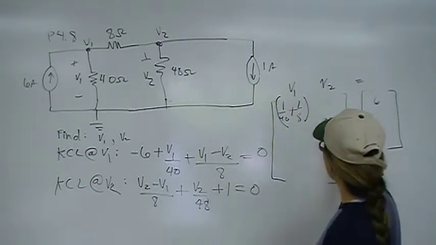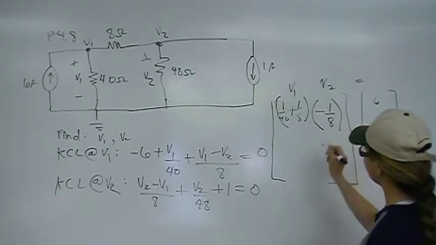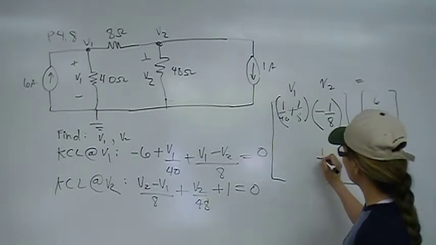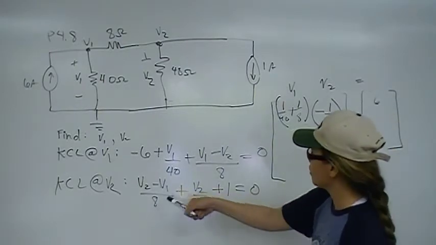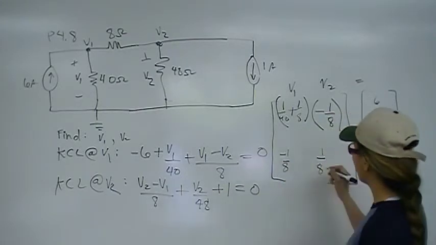Coefficient of V2 is minus 1/8. Down here in the second equation, we have minus 1/8 for V1, and 1/8 plus 1/48 for V2.